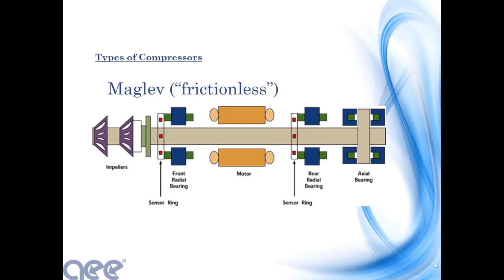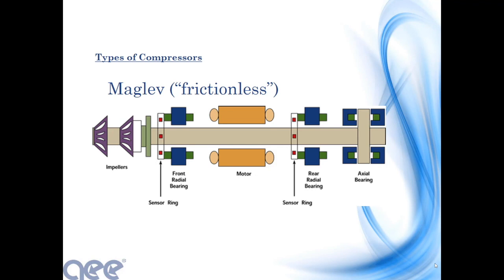Essentially, it's just a centrifugal chiller. It uses the impellers on one side. But the shaft that rotates the impellers is held not by a motor, but by a magnetic field, a magnetic frictionless system where you have bearings and sensor rings, and the speed of the shaft that rotates the compressors varies based on the magnetic field that controls it.